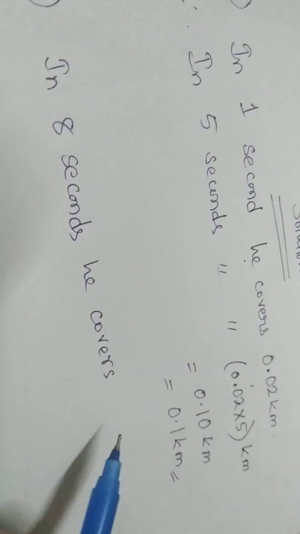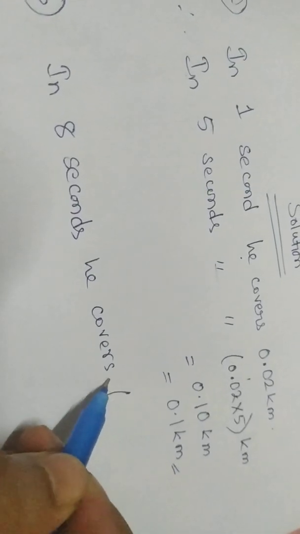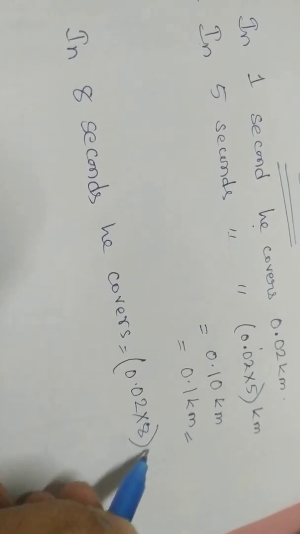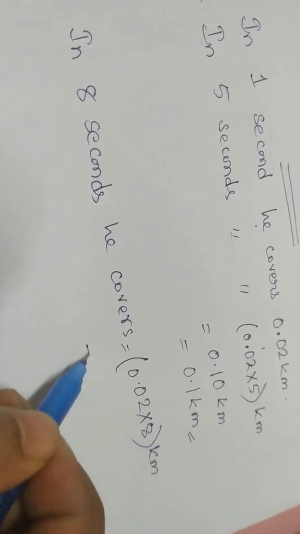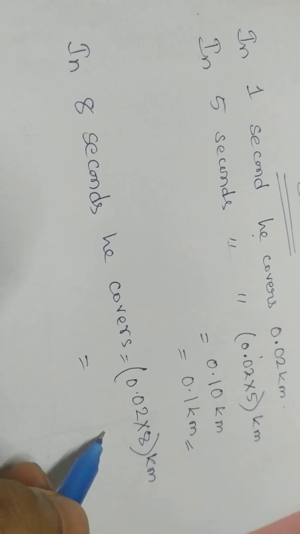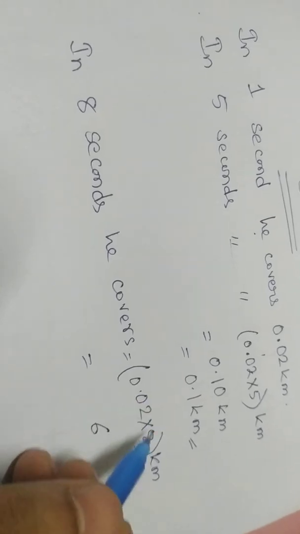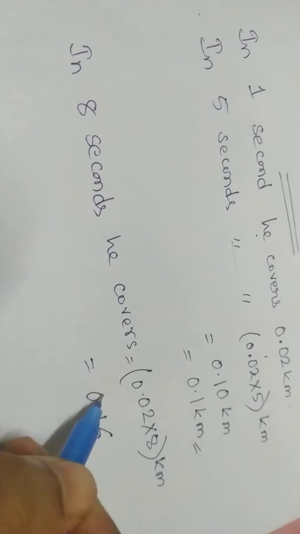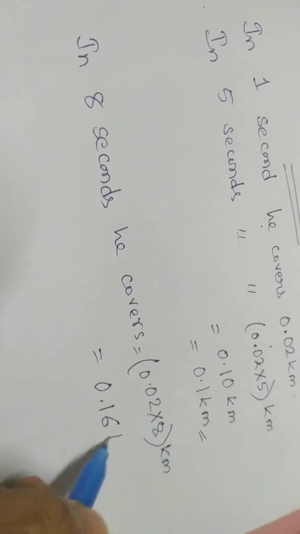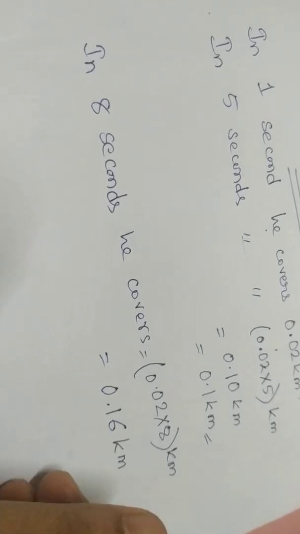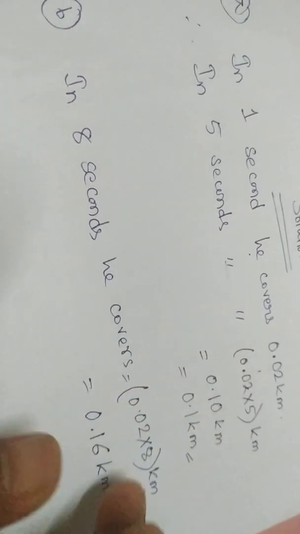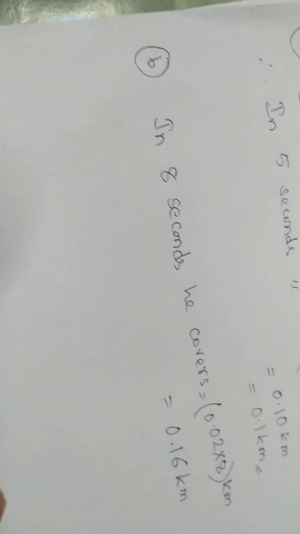So in 8 seconds he will cover the same 0.02 into 8 kilometers. So if we multiply, 2 8s are 16, 1 carry, 8 0s are 0, plus 1 is 1, 8 0s are 0, so 0.16 kilometer. Okay, so it's very easy, just simple multiplication.